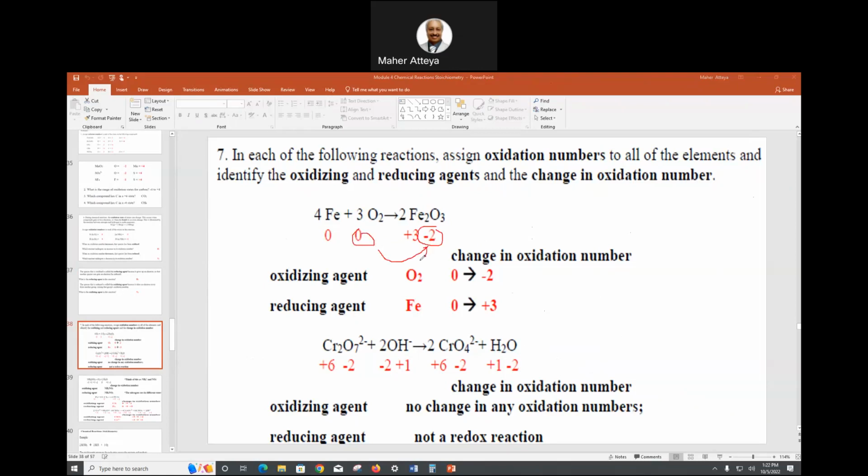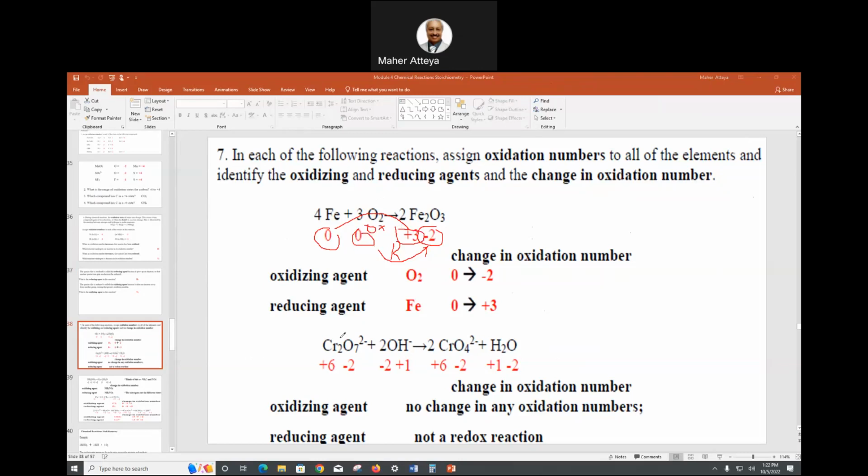Minus 2 is less than 0, correct? So this is reduction. I will say R, so you know this is R. But then iron goes from 0 to plus 3. That's an increase, so this is oxidation.